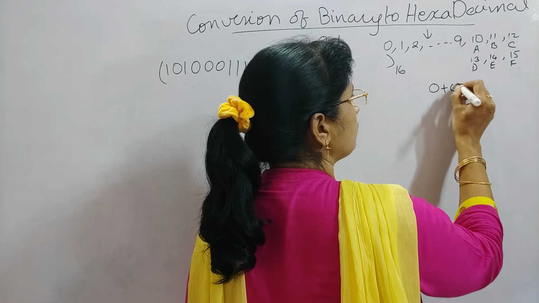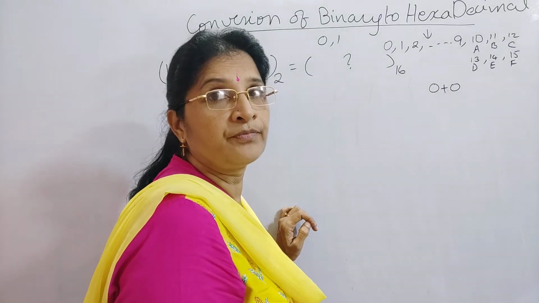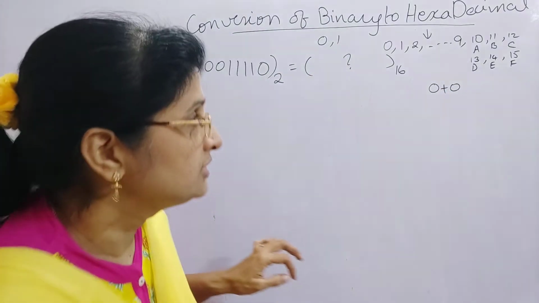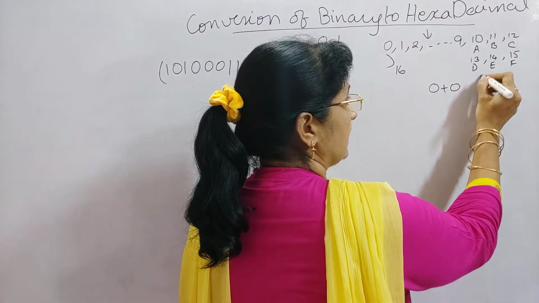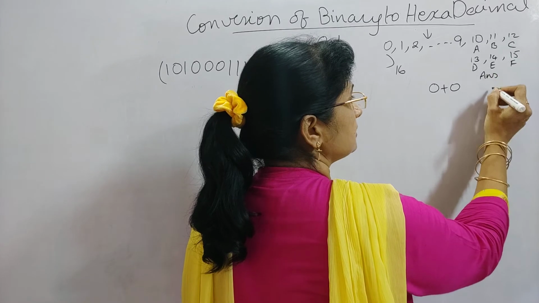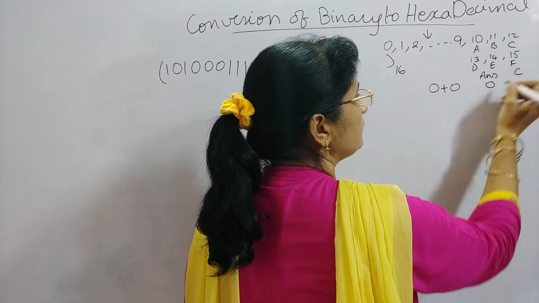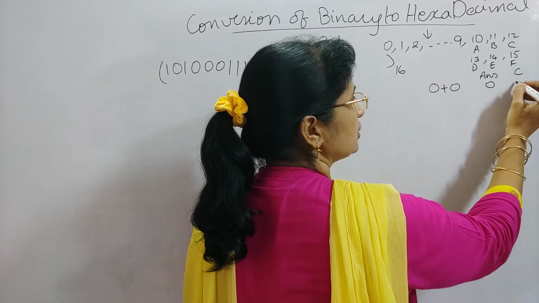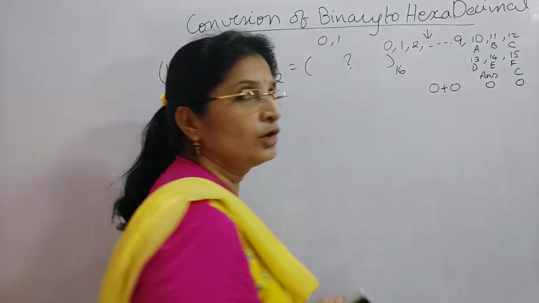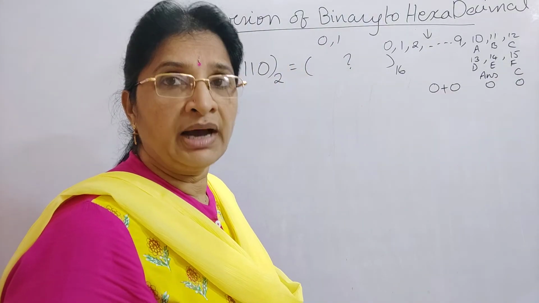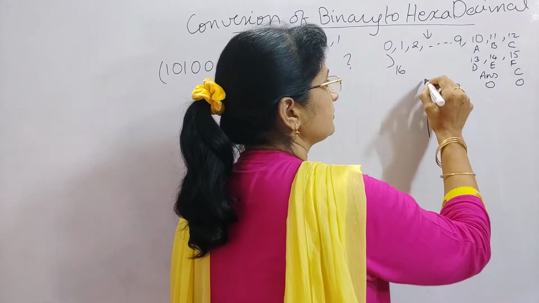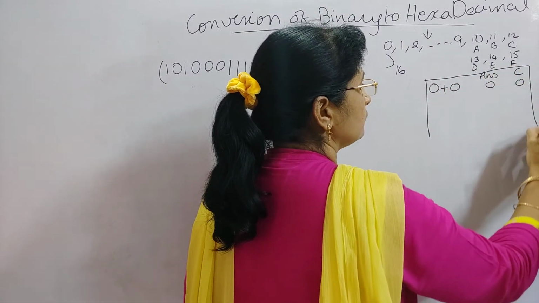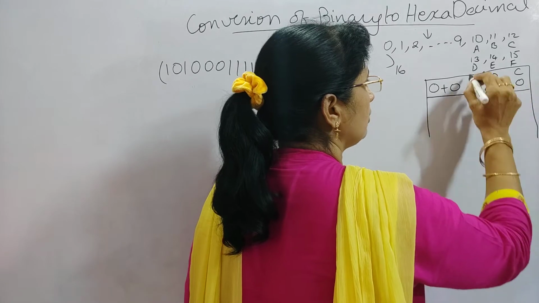If you want to add 0 plus 0, the answer is 0 and the carry of this addition is 0. So if you add two binary zeros, the answer is 0 and the carry is also 0.